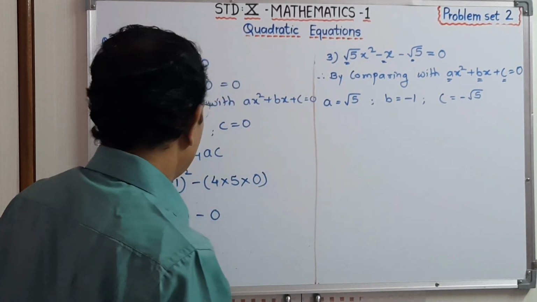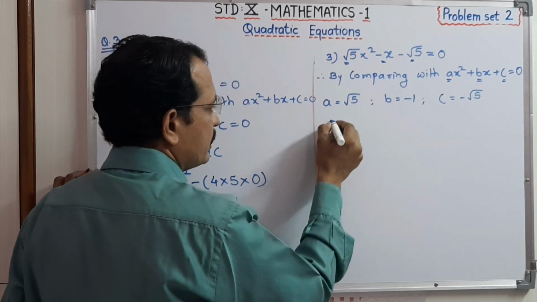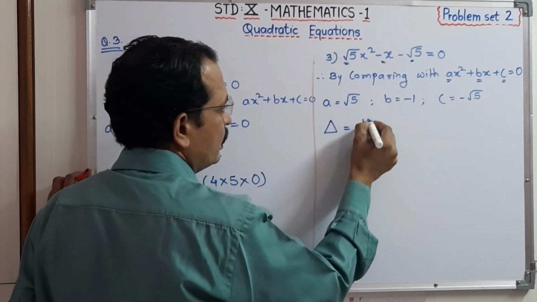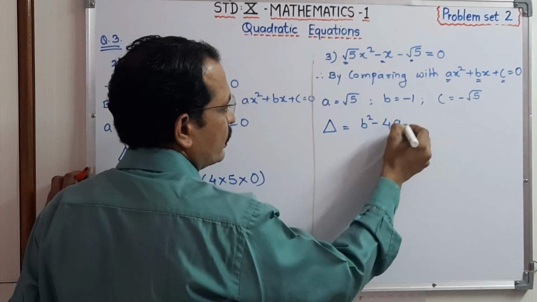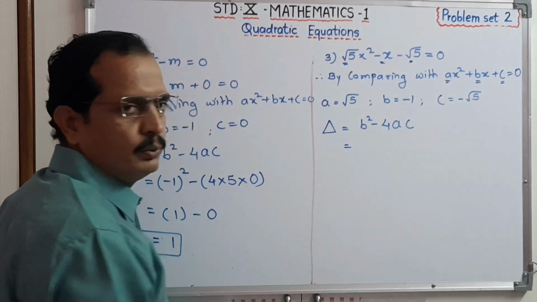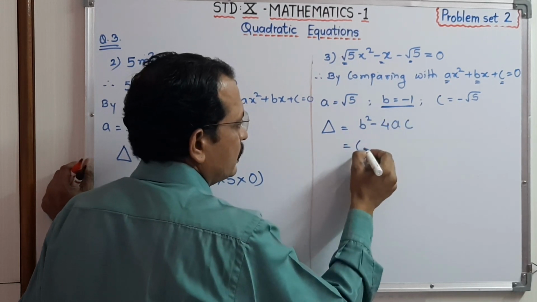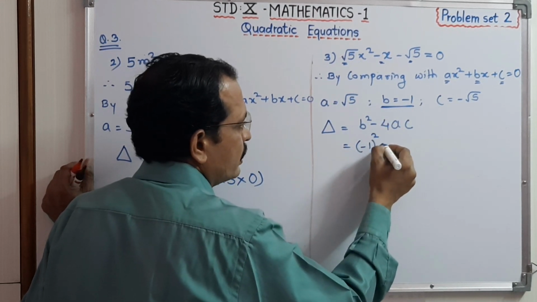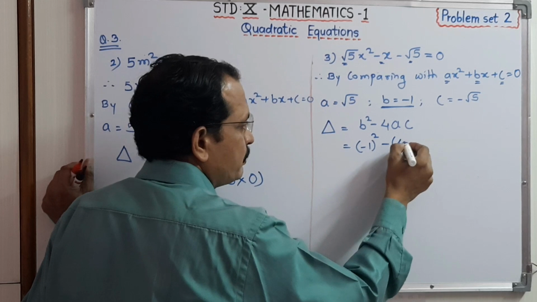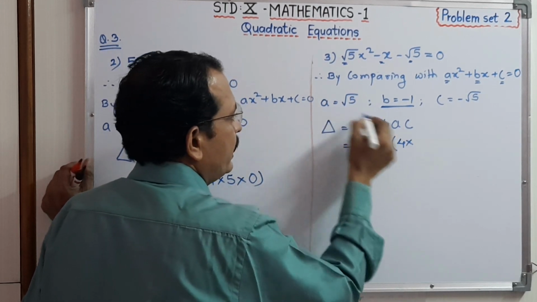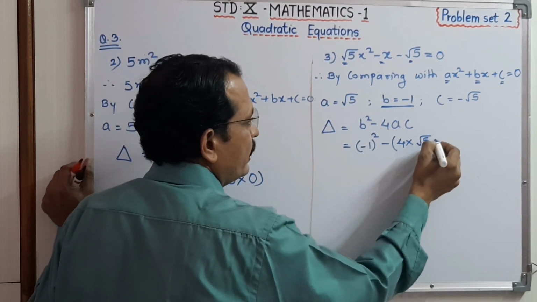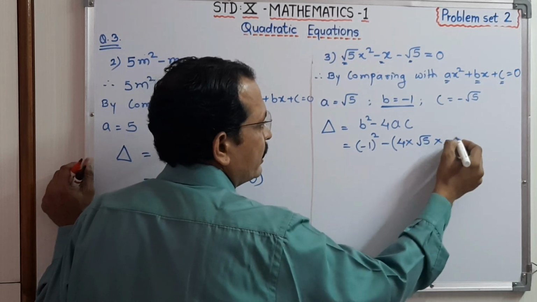Now we have to find the value of delta. Discriminant delta is equal to b square minus 4ac. The value of b is minus 1. Therefore, minus 1 in bracket square minus, in bracket, 4 into a means root 5 and c means minus root 5.